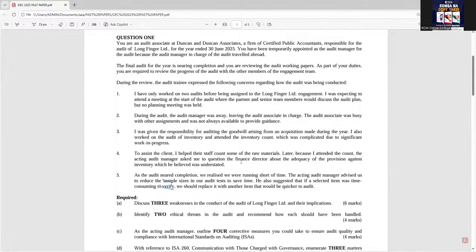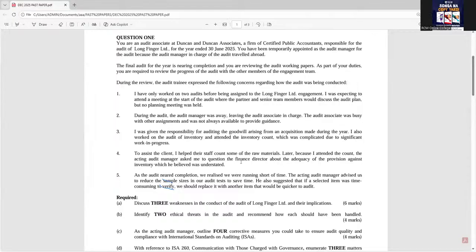So we can talk of self-review. Then to some extent you can also talk about intimidation, where the audit manager was pressuring him to question the finance director about the adequacy of the inventory.